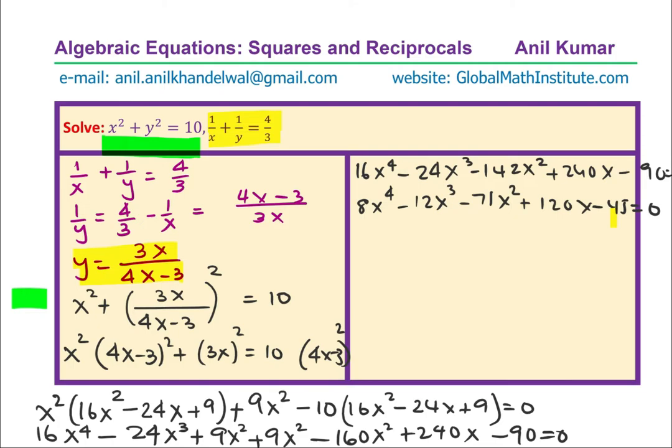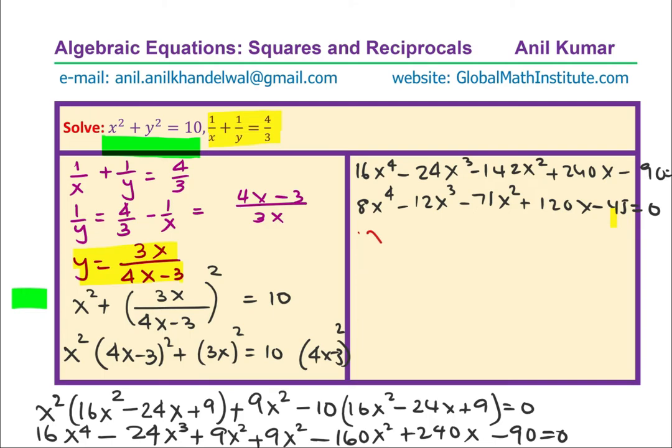So since we know that x equals 1 works, we can divide this by x minus 1. Let me leave some space here. I hope you know polynomial division, right? So what we know is that if I substitute 1 here, we get a 0.